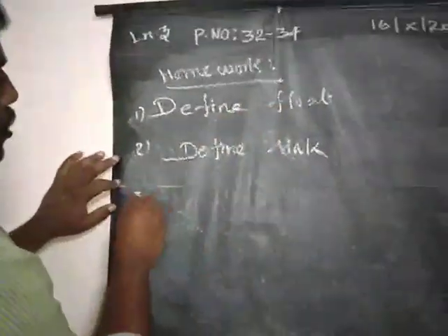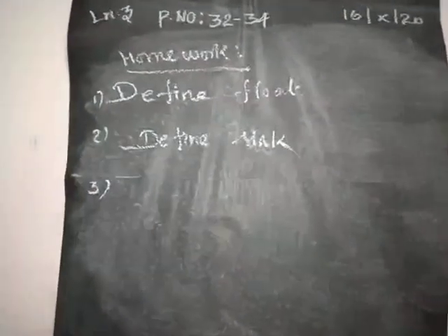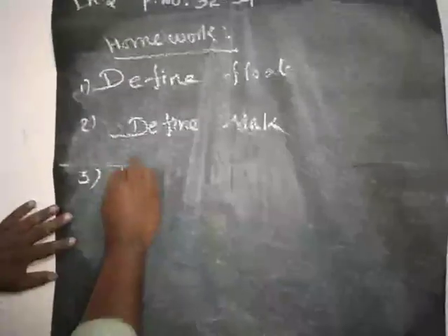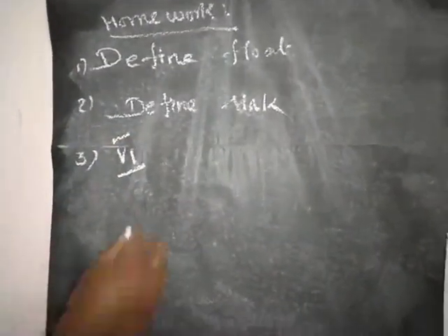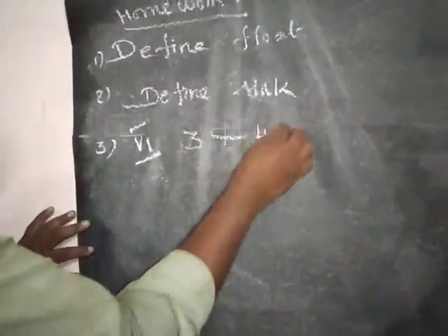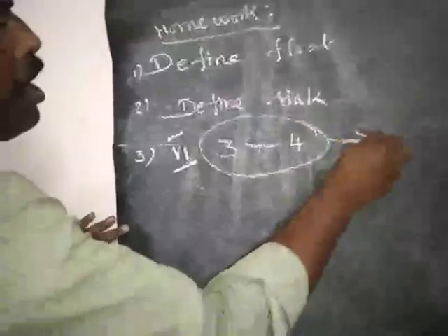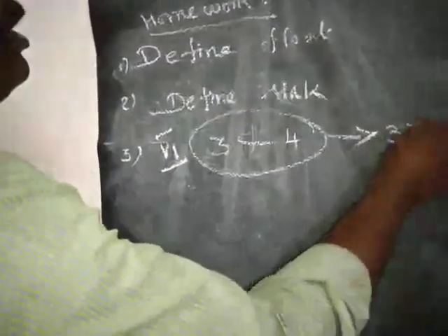Next, third one. In your textbook, Roman numeral six, the third and fourth questions, page number 37.